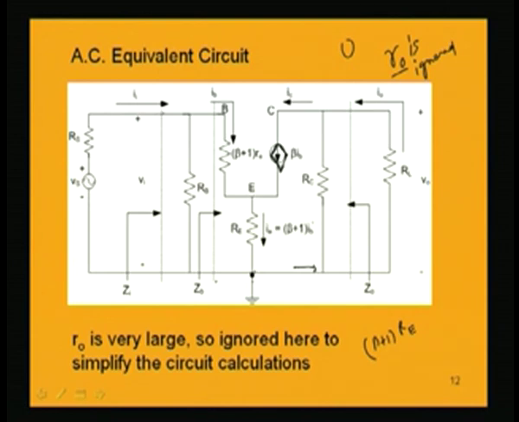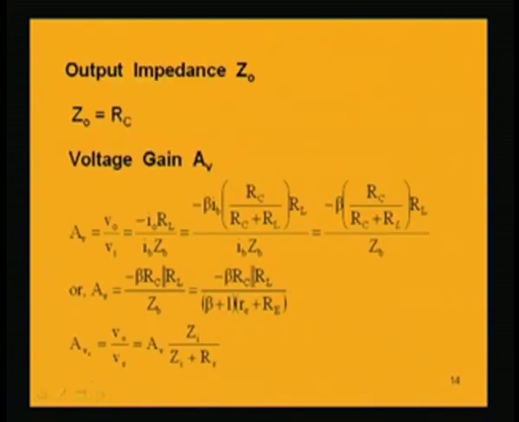Again, as the current which starts from a source should end up at that same source, after this point IB will flow this way and IC will flow this way. IC has two components, one through RC and another through RL. I am interested in the current through RL, that is I naught. So, beta times IB into RC by RC plus RL is I naught. That is what is done here: beta times IB into RC by RC plus RL into RL.